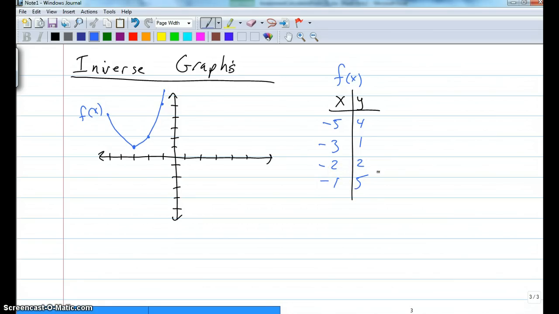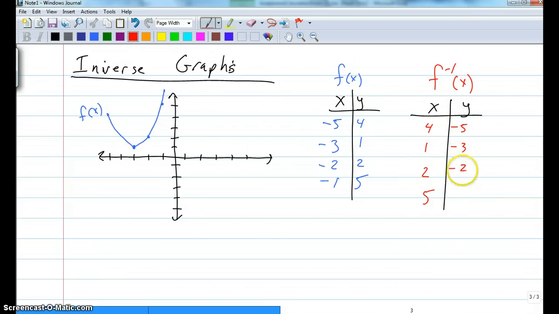All right, so at the beginning of the lesson, we said that inverse means that x and y trade places. So if I wanted to graph the inverse of f of x, what would be the new values of x and y? The new values would be 4, 1, 2, 5 for x. That would be -5, -3, -2, -1 for y.